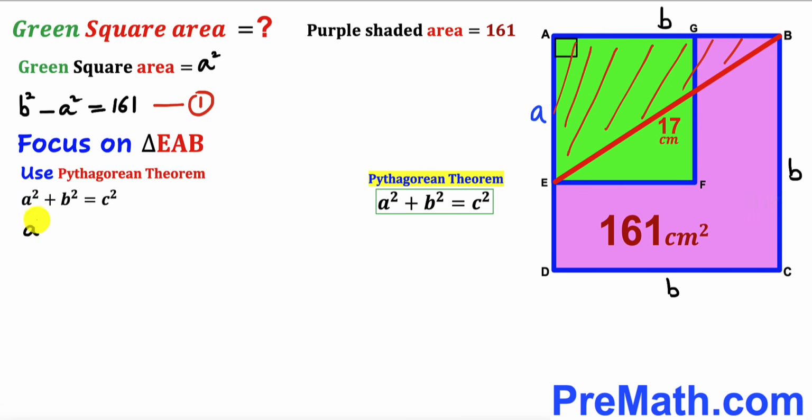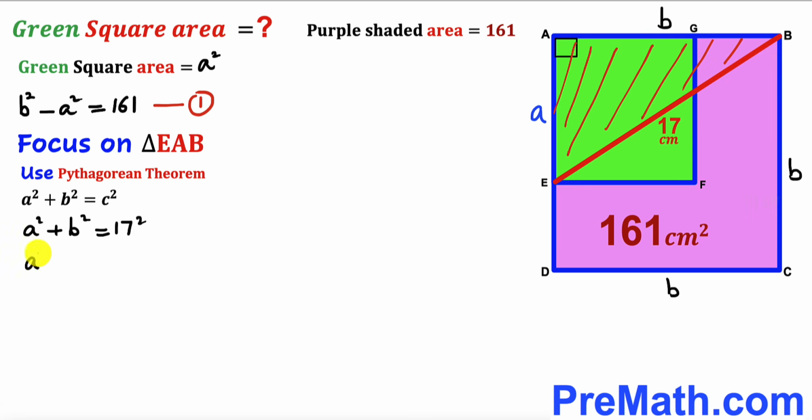We get a squared plus b squared equals 17 squared, which is 289. Now I'm going to label this as our equation number 2.